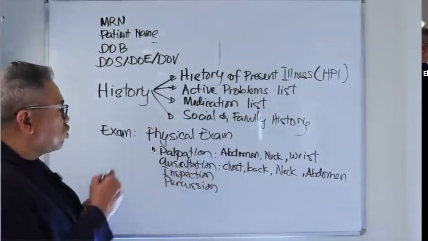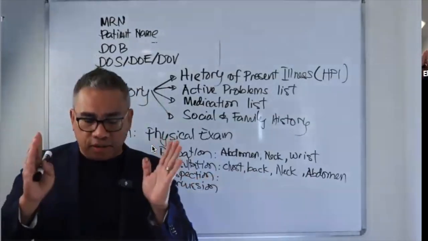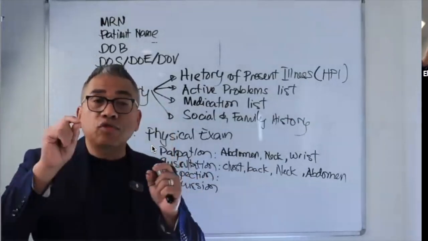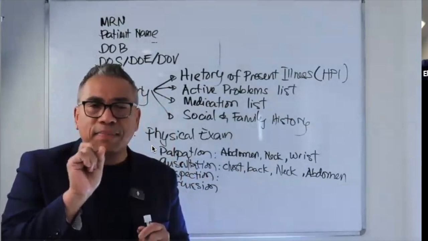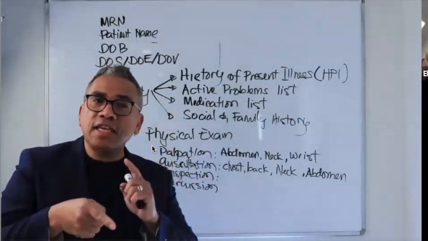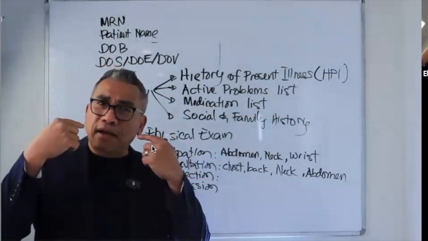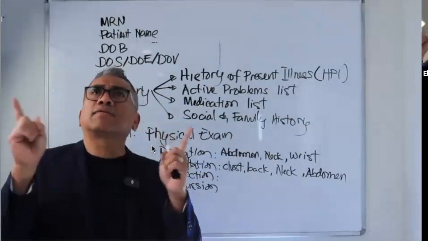What about inspection? This is the part of the examination, guys, where the doctor will literally use a pen light, not pin light, pen light, and look at your eyes, right? If your conjunctiva, is that the right way to say it?